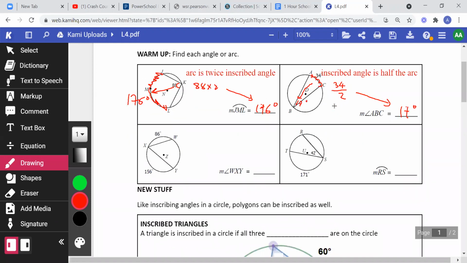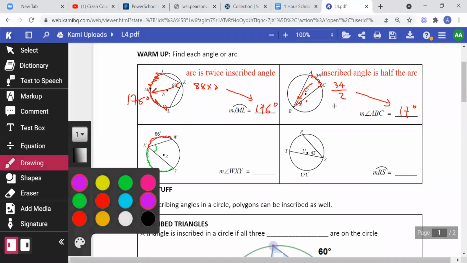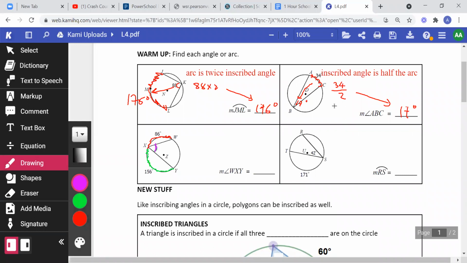So another warm-up here, we have this arc XW. We also have this arc XY, and we're looking for angle WXY, this angle here. We don't know the arc that is formed across from here.